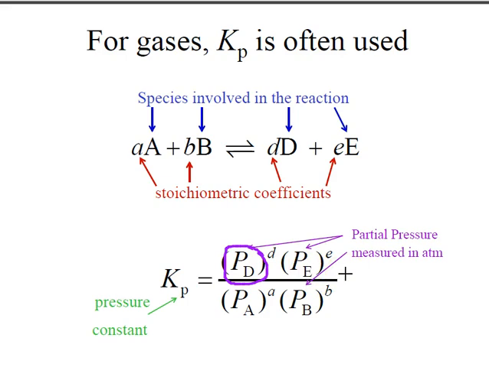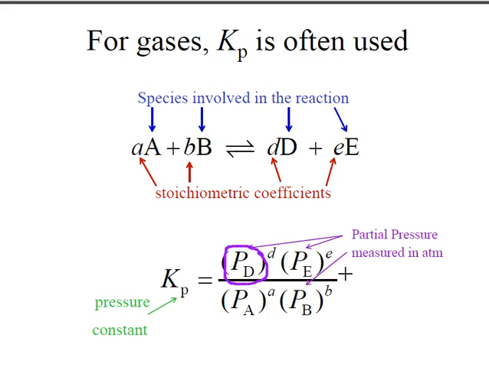And then we say partial pressure because we want to talk about the pressure caused just by D. So that's the partial pressure of D, the partial pressure of E, the partial pressure of A, the partial pressure of B. When we say partial pressure, we're distinguishing from total pressure. Total pressure would just be everything in the container, but we just want to talk about the pressure from that substance.